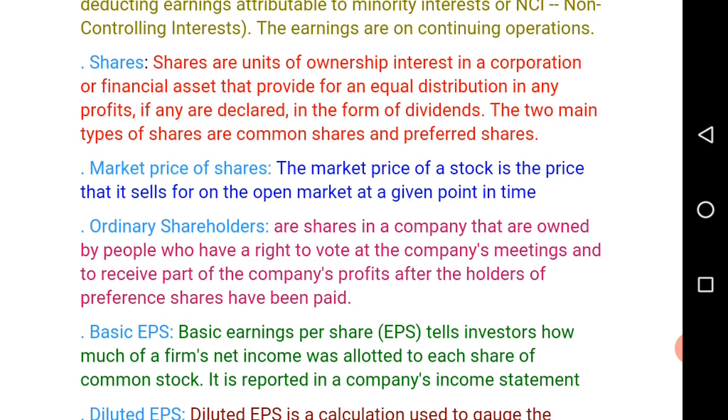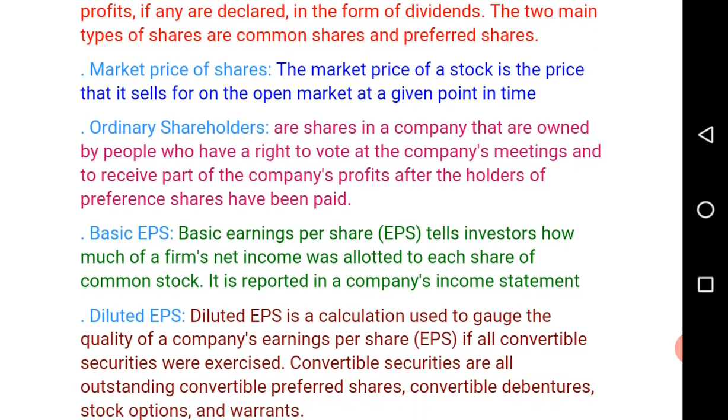And we move over to ordinary shareholders. Ordinary shares are shares in a company that are owned by people who have a right to vote. We've said right to vote before at the company's meeting, and to receive part of the company's profits after holders of preference shares have been paid.